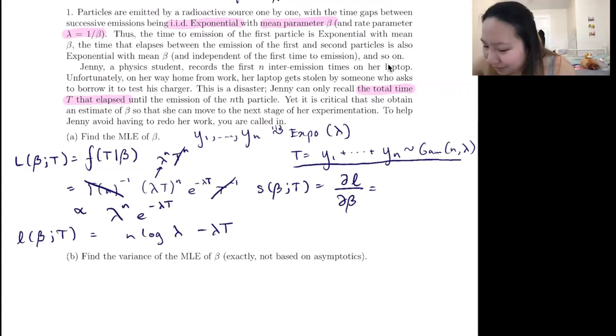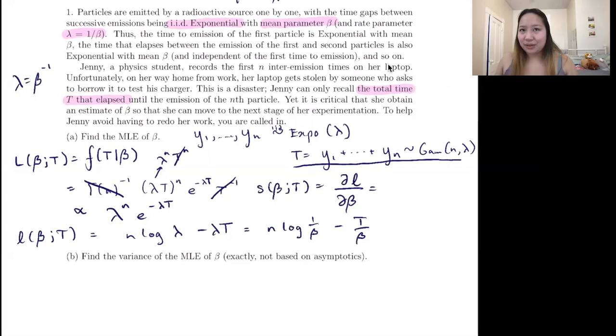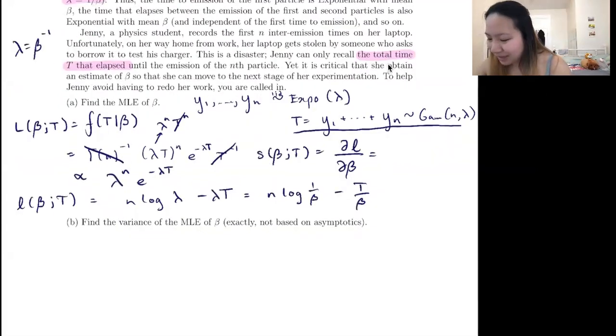One thing we know is lambda equals beta to the -1. So this here is going to equal n log 1 over beta minus t over beta. So now I can take the partial with respect to beta. And I did all of that by invariance of the likelihood. So that's how that works. We can safely do things like that.